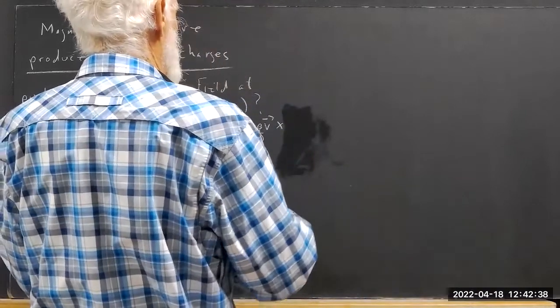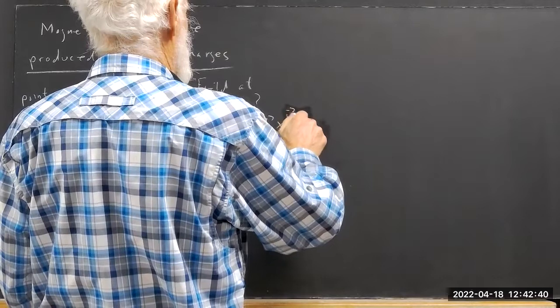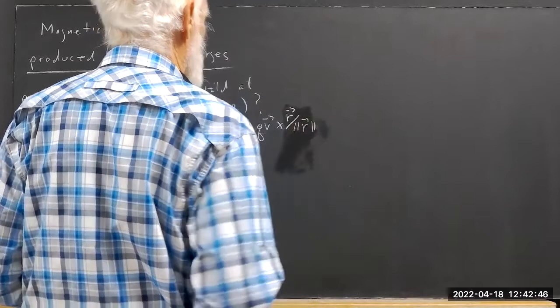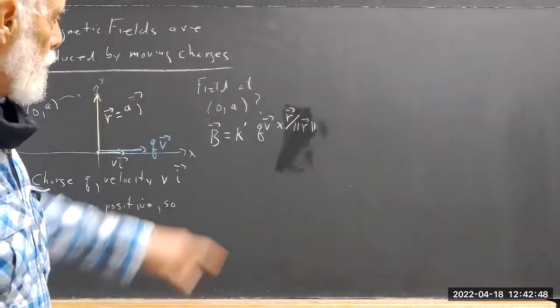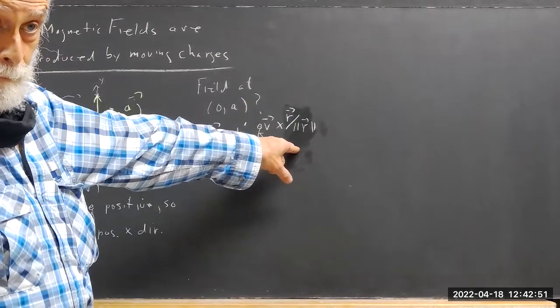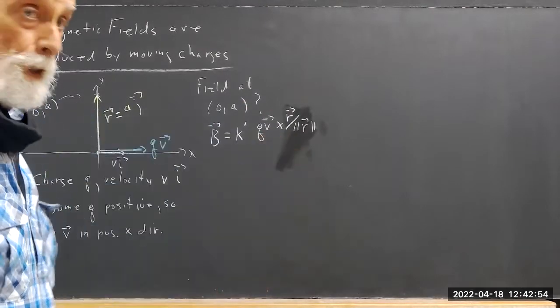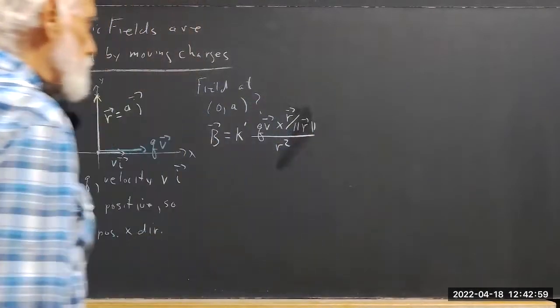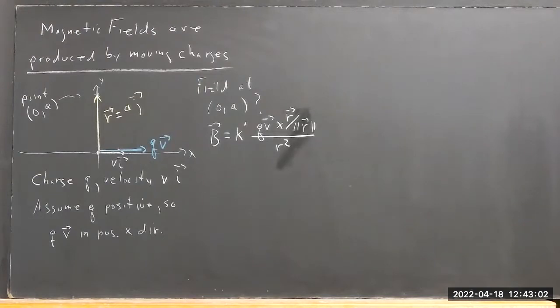QV cross, I'll write it as R over the magnitude of R. Remind you that that's a unit vector. Okay. Divided by r squared.